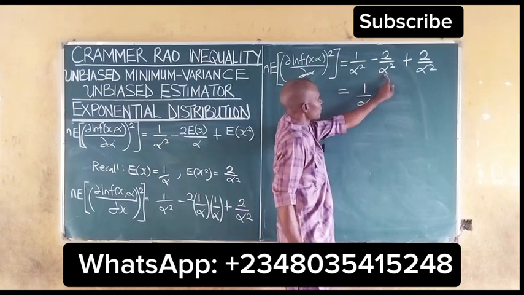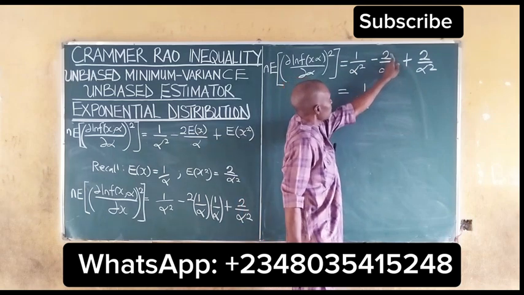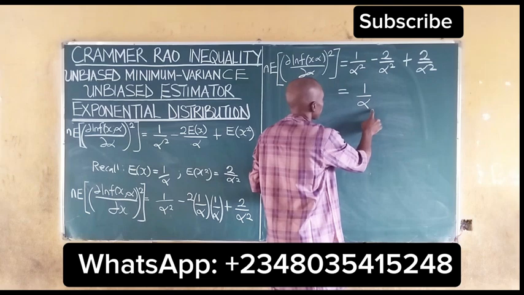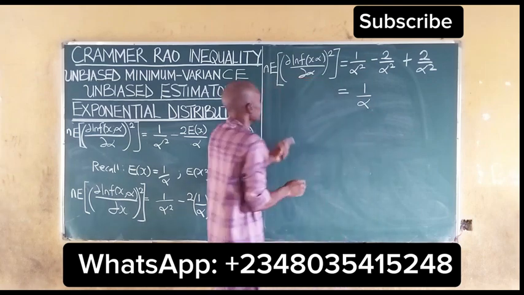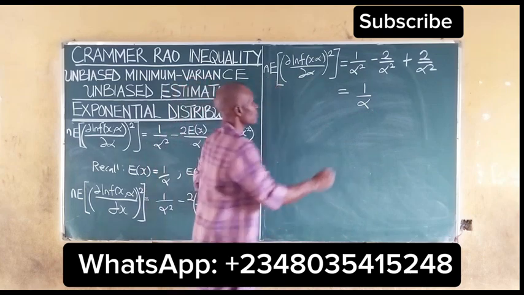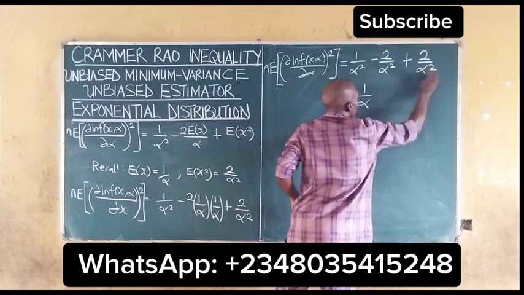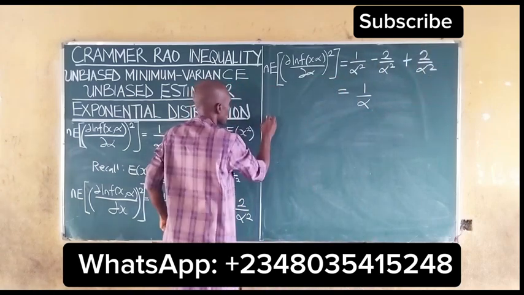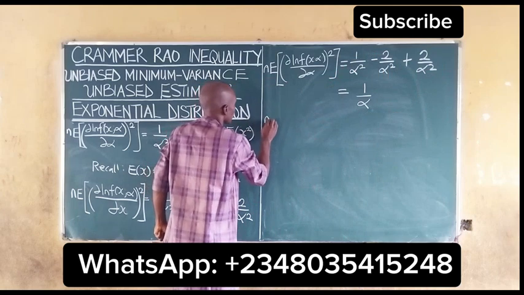Of course, this negative plus this will give us 0. So we have 1 all over phi squared remaining. The next thing to do is to multiply by our n.